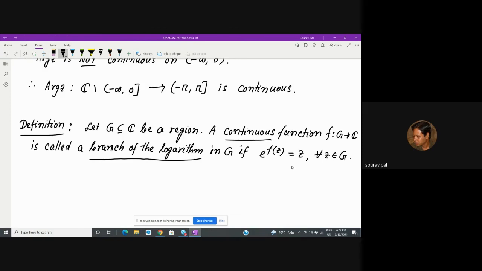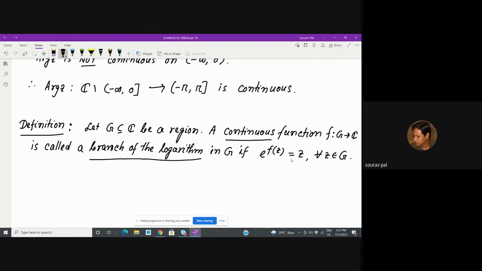So you just remember this definition. This is what is called a branch of the logarithm. It is a well-defined, continuous function. It is not a multivalued function. It is a single-valued continuous function, and it is called a branch of the logarithm if we have this.